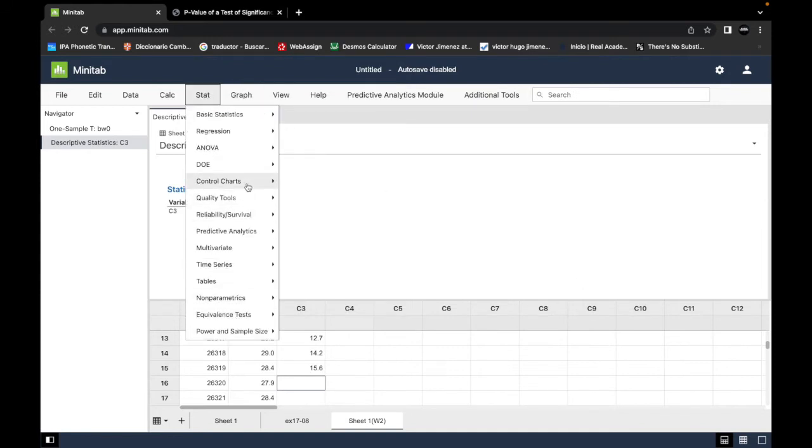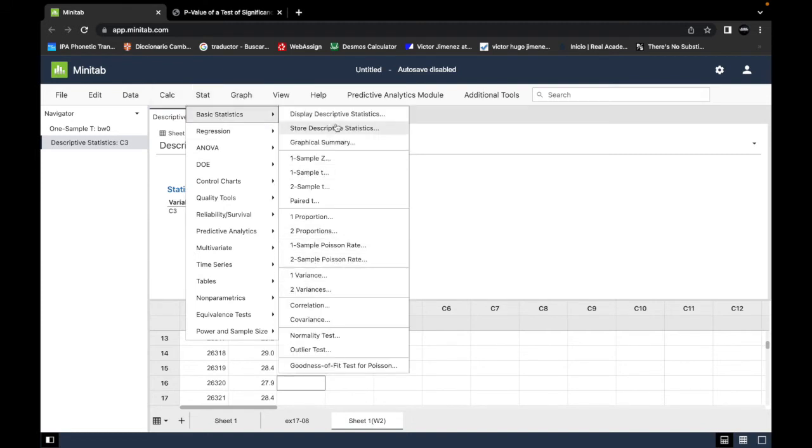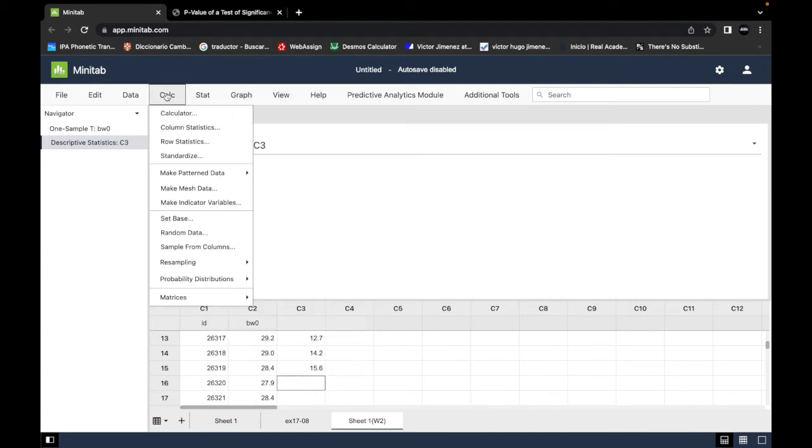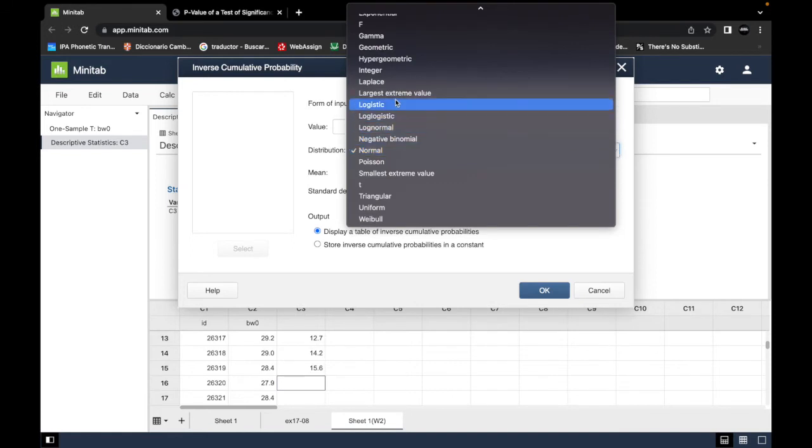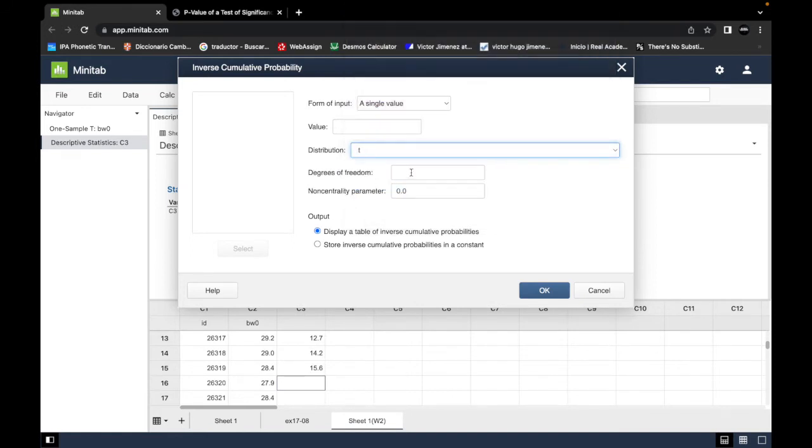Stat, Probability Distributions, Calc, Inverse, single value, with the t distribution, degrees of freedom 14.